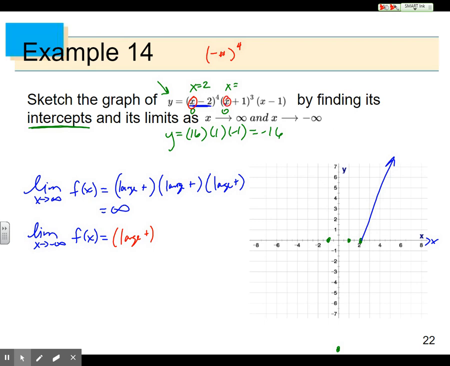Negative infinity plus 1, I still got a really large negative number. If it's raised to the 3rd power, it preserves the sign, and I end up with a large negative number. Large negative meaning far away from 0, right? Deep into the negatives. And then negative infinity minus 1, that would be a large negative number. Well, 2 negatives make a positive. Positive times a positive is a positive. Yeah, this one's going to go to infinity as well.